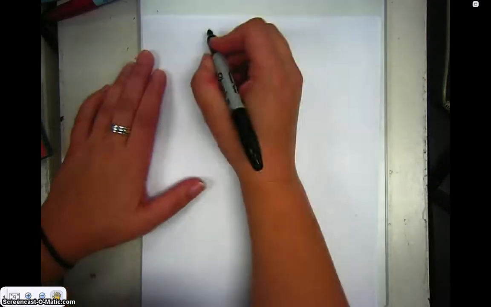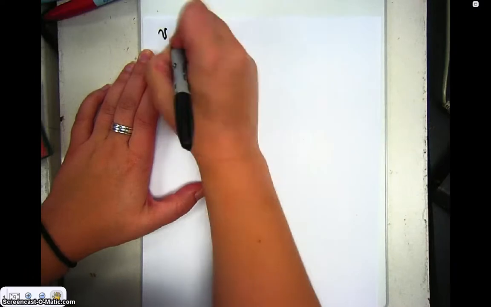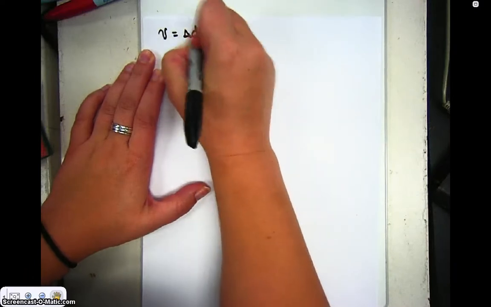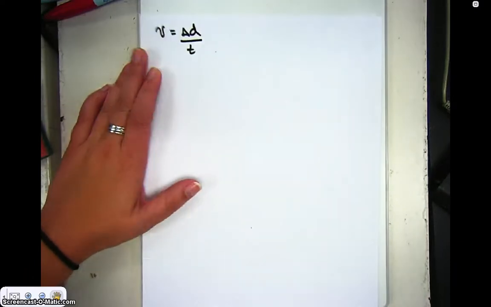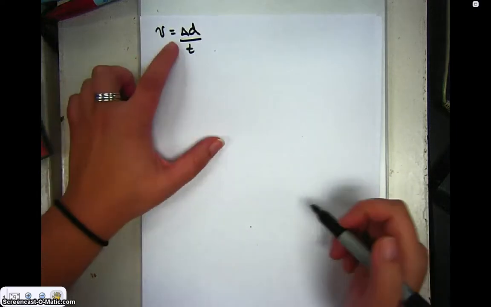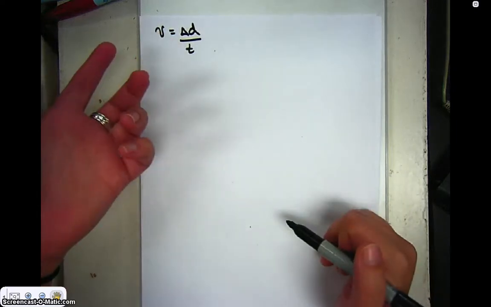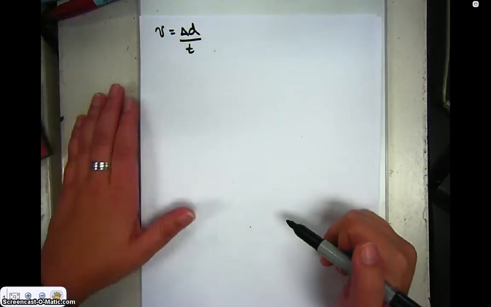Okay, so we learned that velocity is equal to the change in displacement over time. And we had the example of driving across the country from Asheville to Seattle.